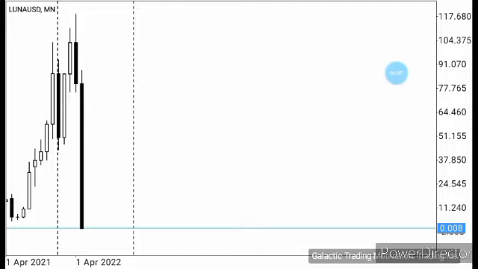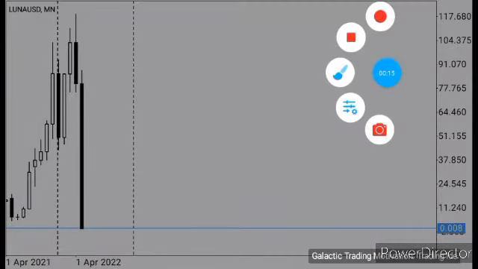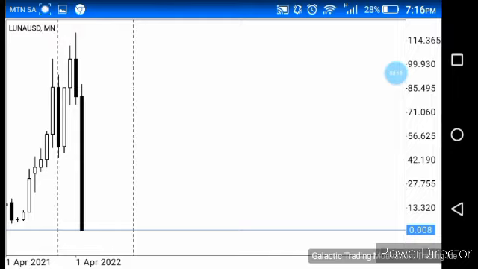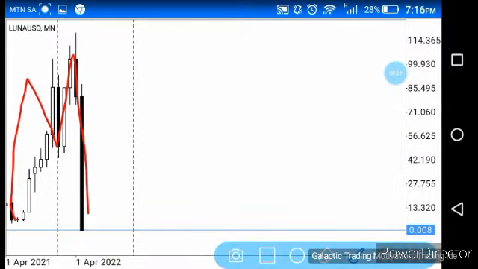So as you can see, I have the monthly chart open, and the first thing that I can already see is that we had this particular structure over here, which was an information with the neckline being at that region, right?